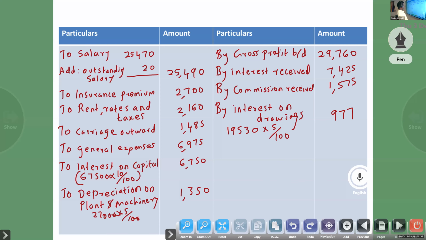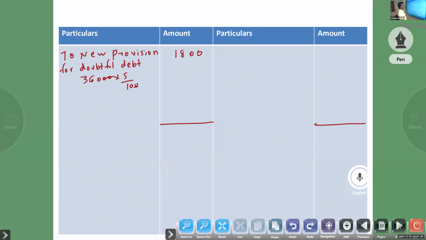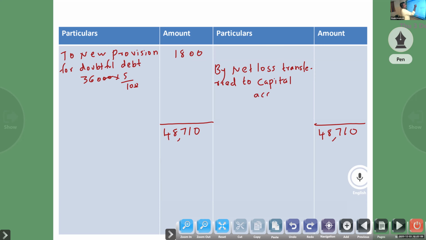So total 48,710. The net loss is 8,973. By net loss, transferred to capital account, 8,973. Okay, net loss transferred to capital account.